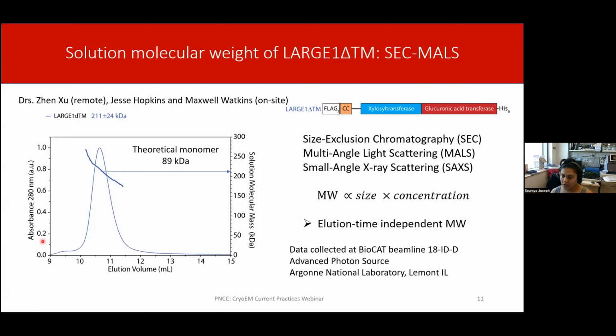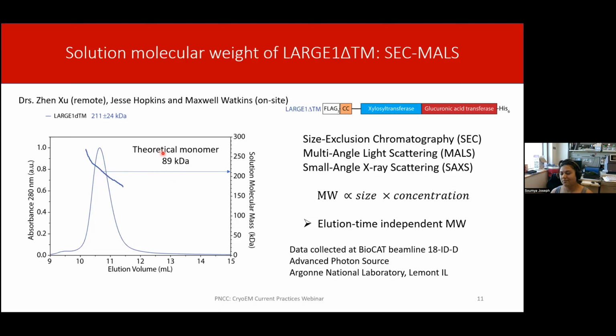The data that you're seeing here is elution from a size exclusion column. The continuous line is the absorbance at 280, and on the secondary axis is the solution molecular weight. You can see it's a little bit polydispersed, but not too bad, and the average molecular weight is about 220.